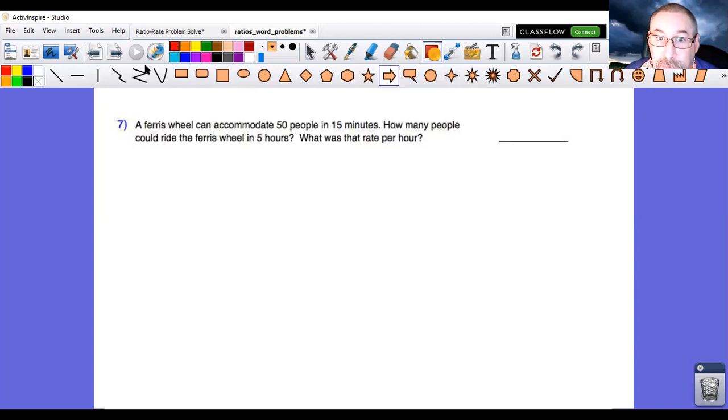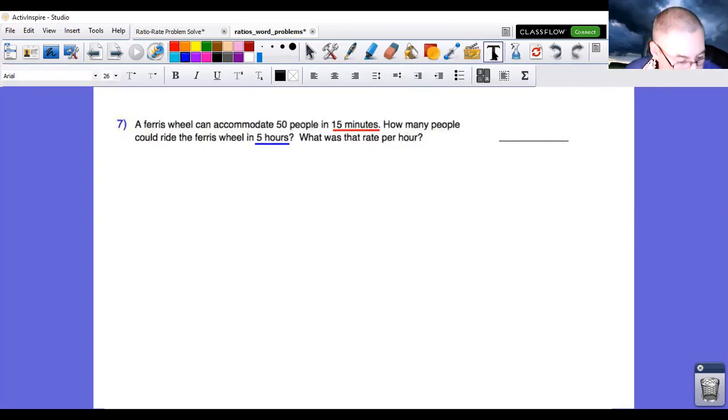Here's the issue. We have minutes, and over here we have hours. So we're going to convert the minutes into a fraction of an hour. So we're going to end up with 50 people per 0.25 hours.